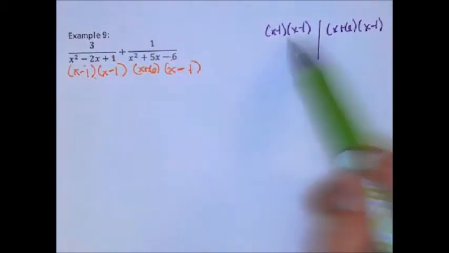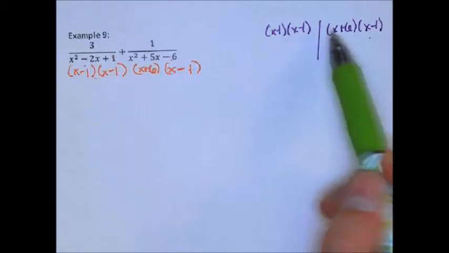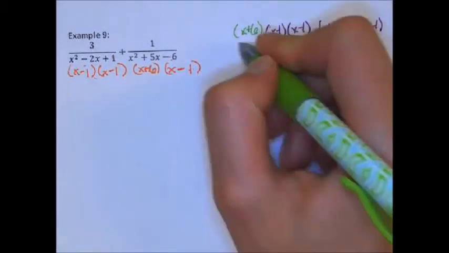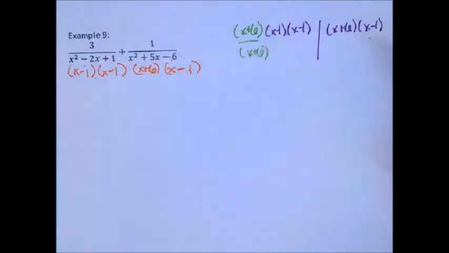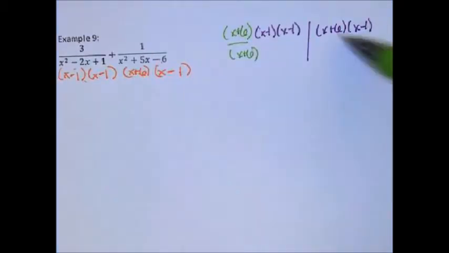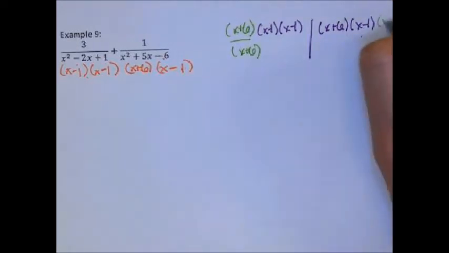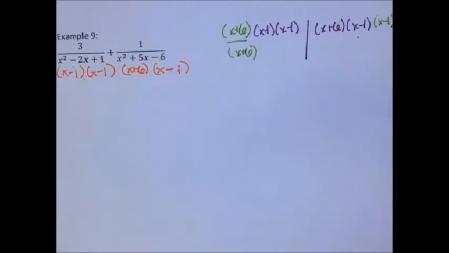To make them the same, what do I need here? Well, I'm going to need an x plus 6. Here, what am I going to need to make them the same? I have an x plus 6. I have one x minus 1, so I need another x minus 1.